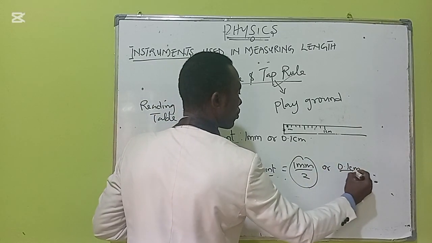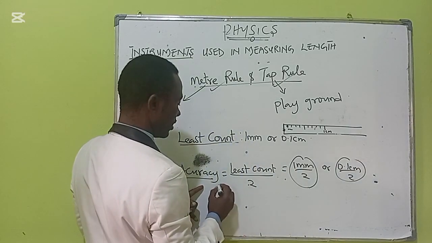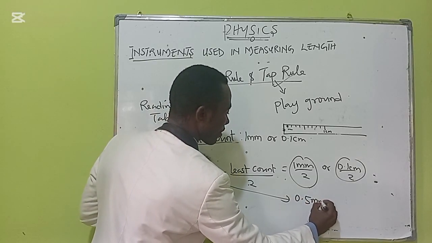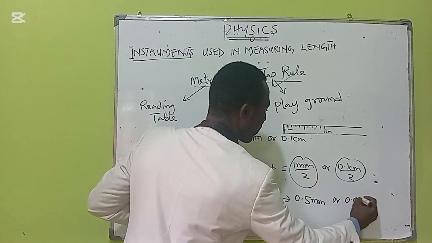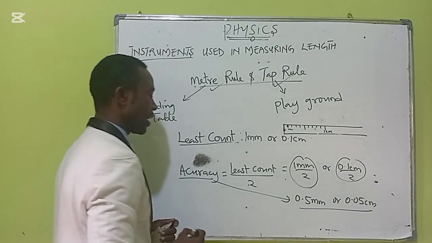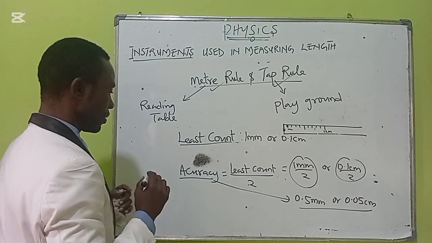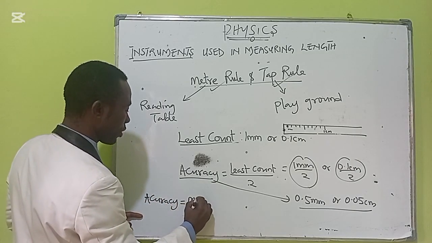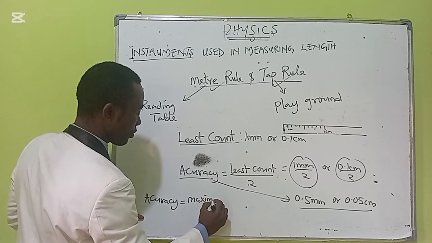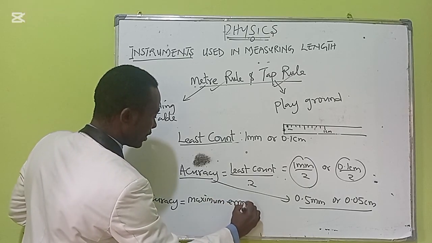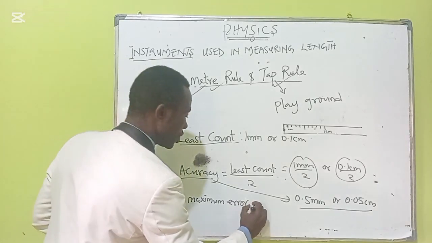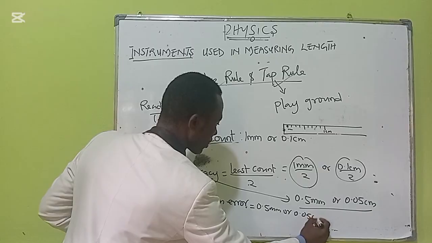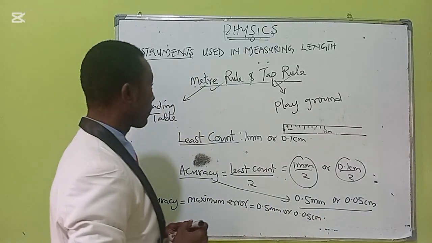That simply means the accuracy of this instrument is 0.5 millimeter or 0.05 centimeter. Remember, accuracy is equal to the maximum error that the instrument can make, which is 0.5 millimeter or 0.05 centimeter. That is for the meter rule.